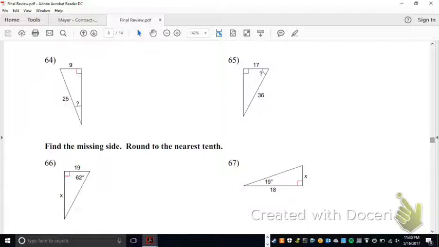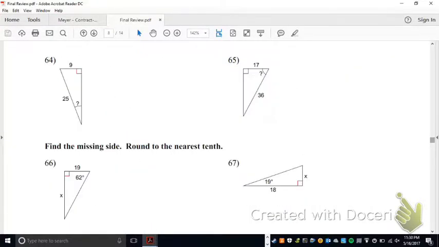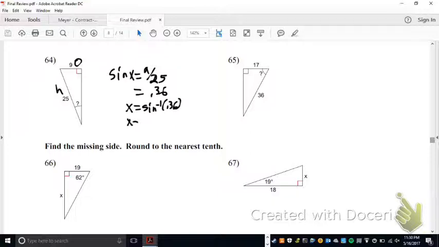64, 65, more of the same. 64, we have our opposite side and our hypotenuse. That's sine. Sine of x equals 9 over 25. It's going to be 0.36. So x equals the inverse sine of 0.36.